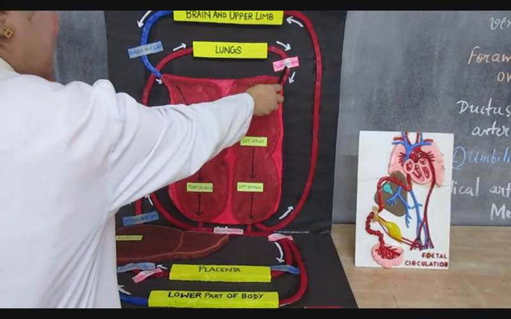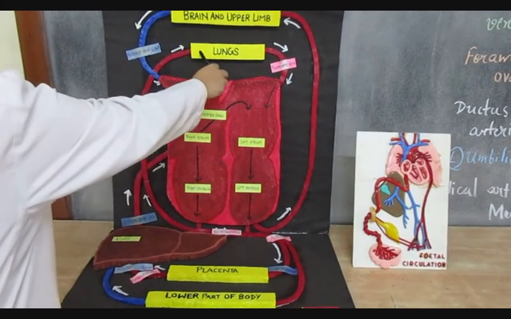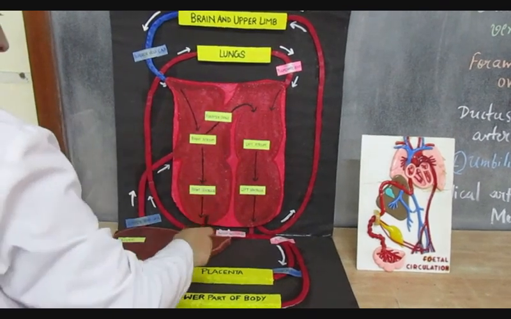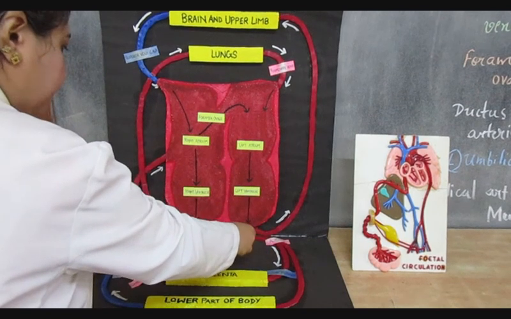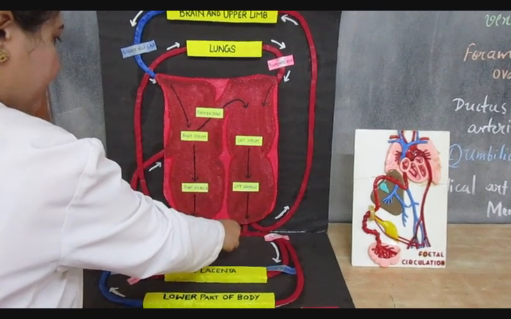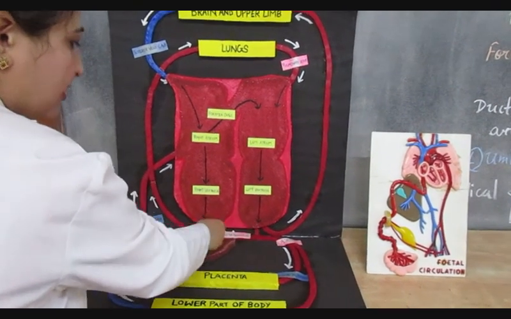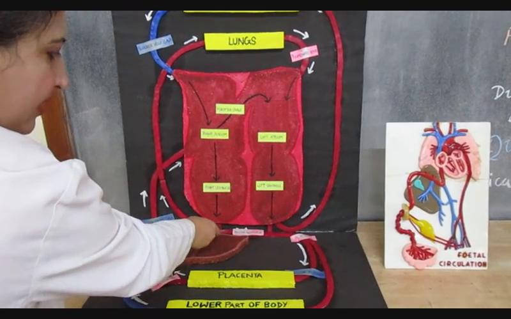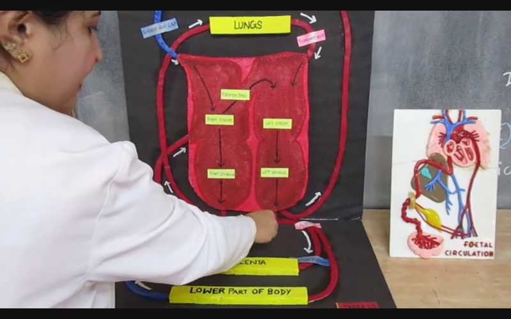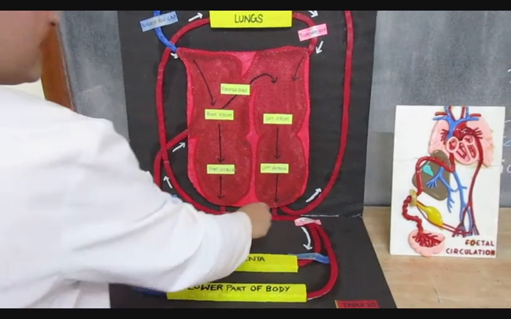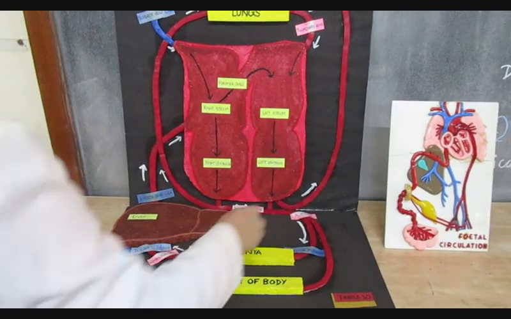That is why the blood from the pulmonary circulation is shunted via the ductus arteriosus. So this is our pulmonary trunk now, coming from the right ventricle. This is our pulmonary trunk. It is shunted via the third shunt, that is the ductus arteriosus, into the aorta.